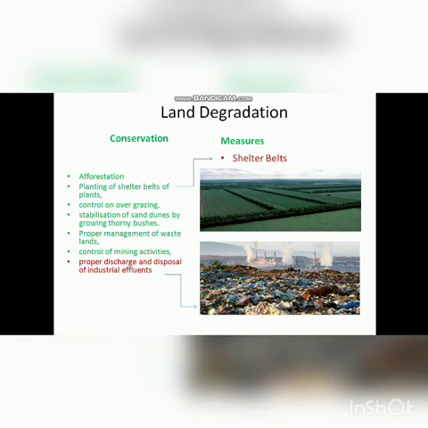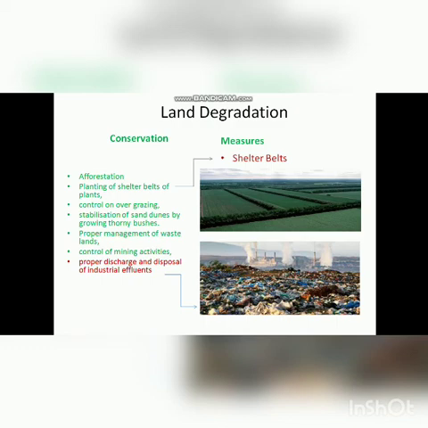Now what are the measures by which we should conserve land? We should not allow further degradation. One is afforestation, one is planting of shelter belts, controlling overgrazing. We need to grow thorny bushes in arid regions for stabilization of sand dunes.